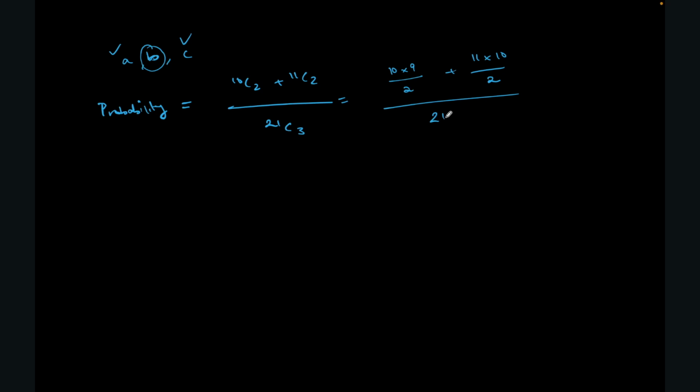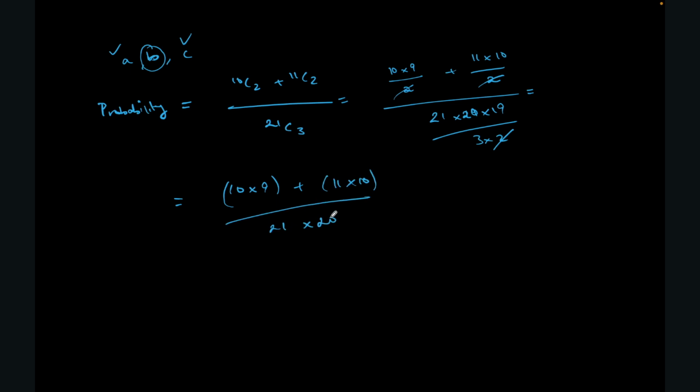And then 21 times 20 times 19 divided by 3 times 2. So I can add this up. What do I get? I get 90 plus 110. Or can I simplify this in any way? Yeah, I can remove the 2's, right? So I'm going to get 10 times 9 plus 11 times 10 over 21 times 20 times 19, like this.